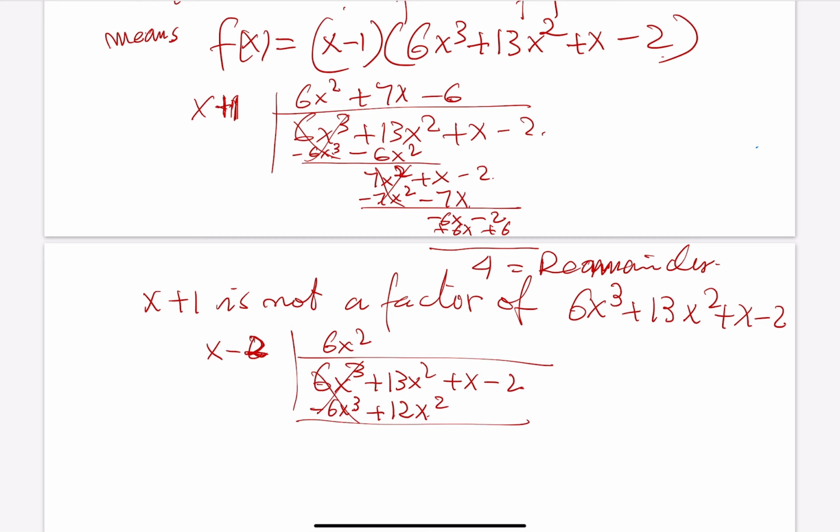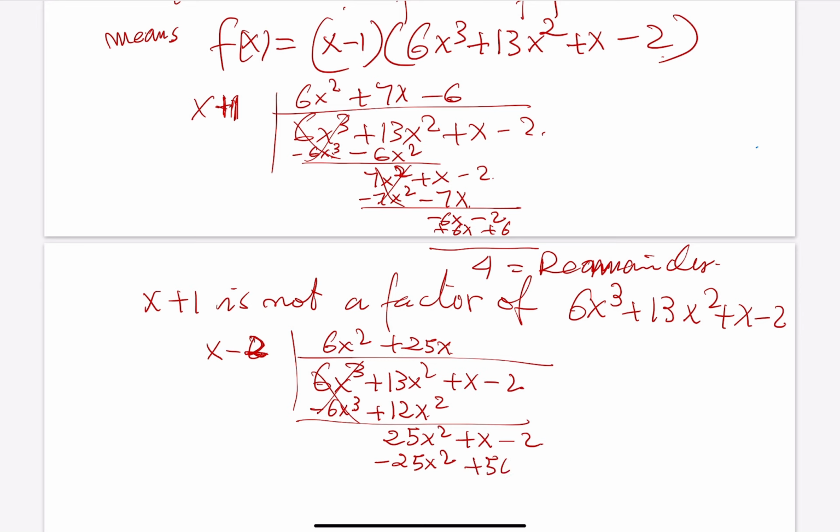And then here I will have 25x squared plus x minus 2. And here I will have a positive 25x. 25x times x is 25x squared. Take the opposite sign, which is negative 25x squared. 25x times negative 2 is negative 50x.